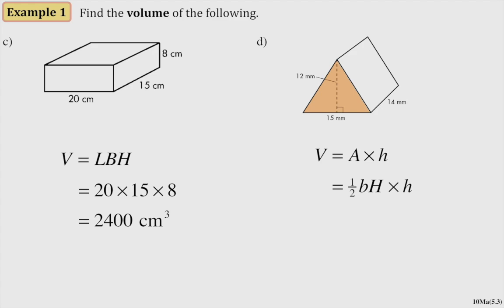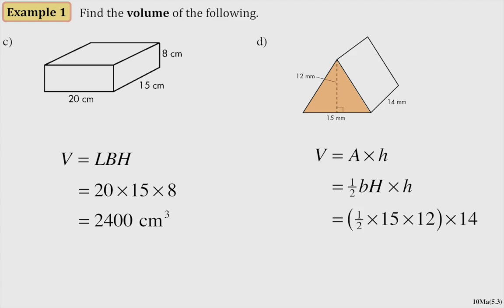So the area of your triangle is a half of the triangle's base times the triangle's height. Notice here I've written capital H because there's a little h here. Capital H stands for the triangle's height. Little h stands for the distance between the triangle at the front and the triangle at the back.